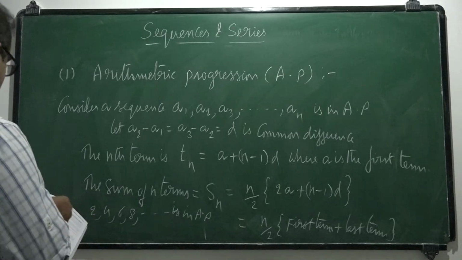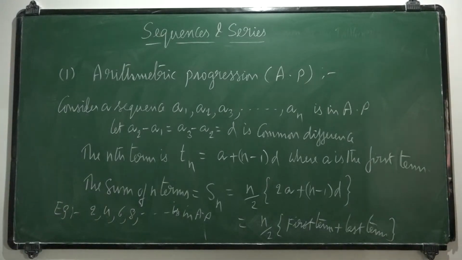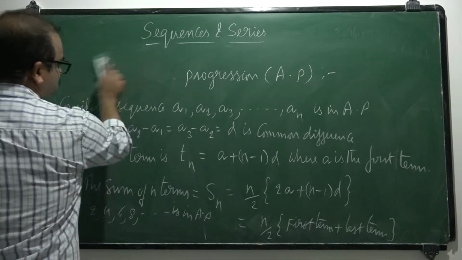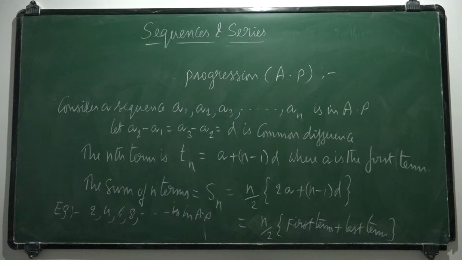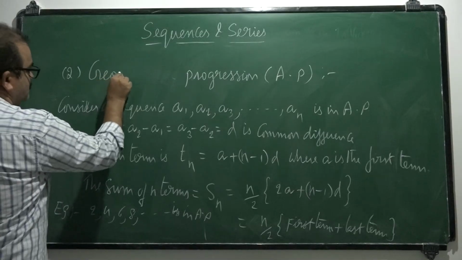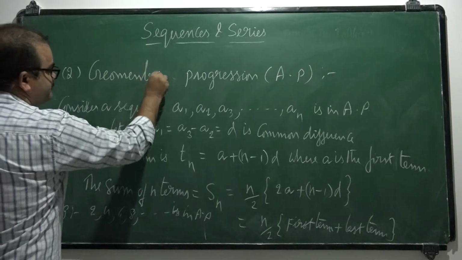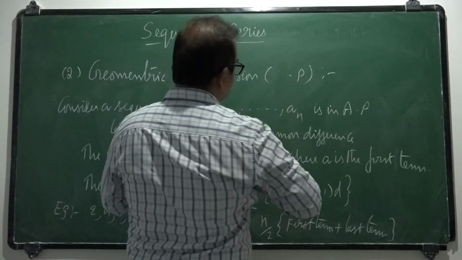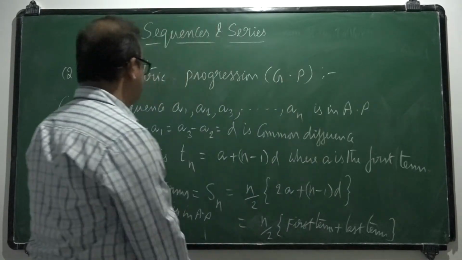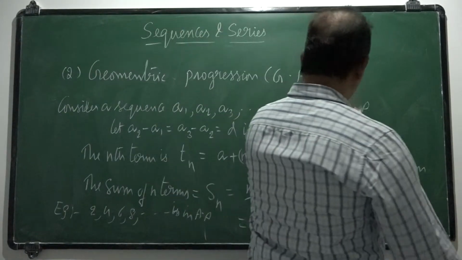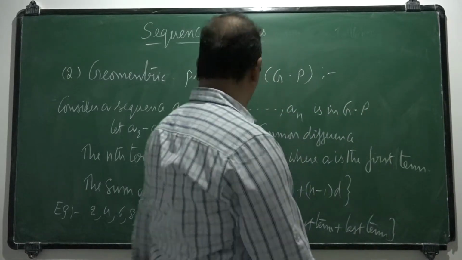Next we discuss geometric progression. Second one, geometric progression, or simply it is called as GP. Consider a sequence A1, A2, A3 and so on is in geometric progression, GP.